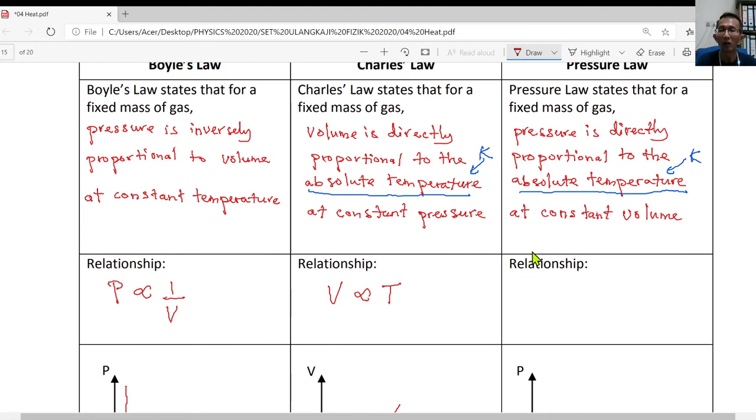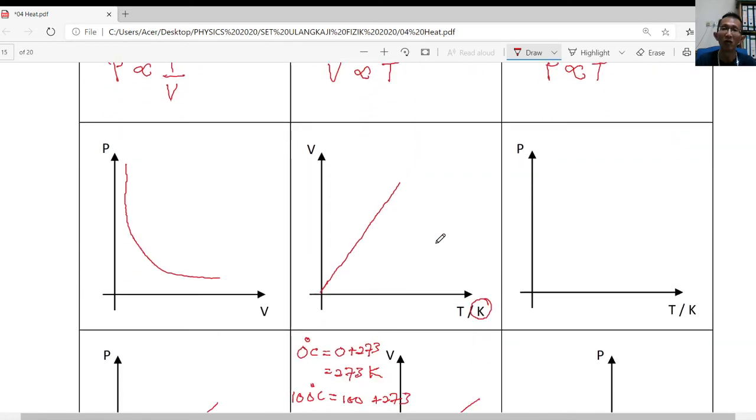Okay, now pressure law. Pressure law, just like volume, is directly proportional to the temperature. Remember, the temperature is absolute temperature, so it must be in Kelvin. So if you are to plot P against temperature in Kelvin, just a sketch, not a plot, it starts from 0, 0 and goes up in a straight line.